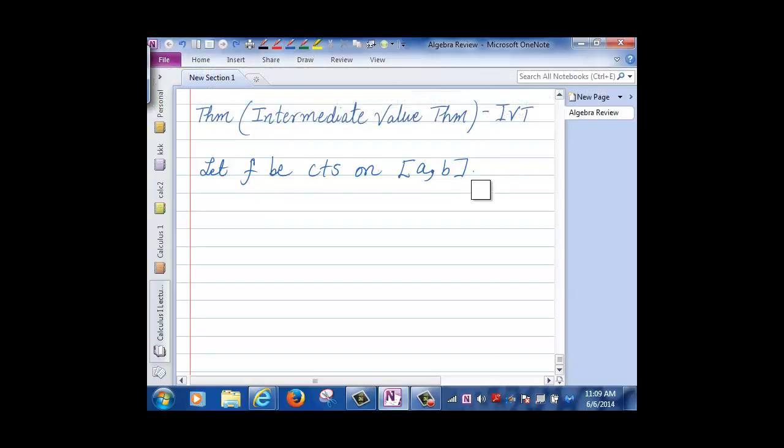Let me say it in a different way. Let f be continuous on AB.